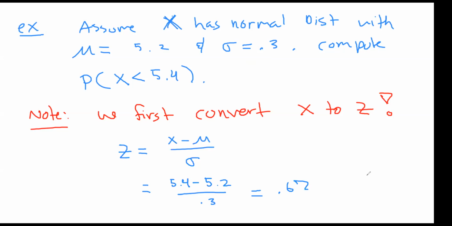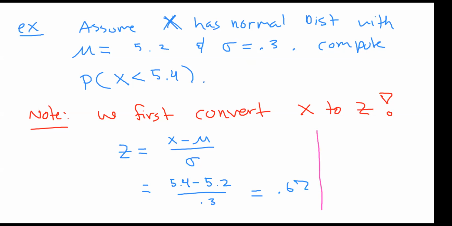So I plug in my mu, I plug in my sigma, and then what is the X value I'm interested in? Well, I'm interested in what's happening before 5.4, so I can just plug that into my formula. And so what this tells us is the following. Let me make this very clear before I go to the next page.